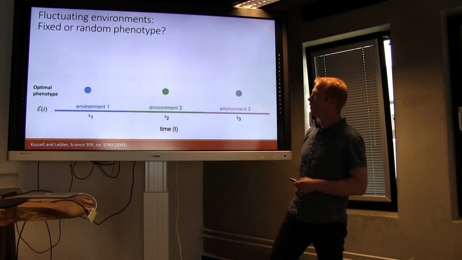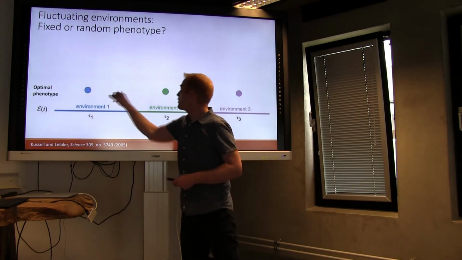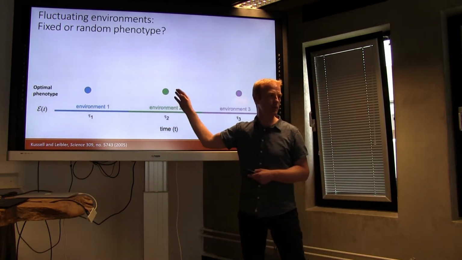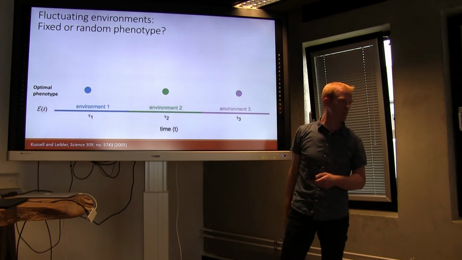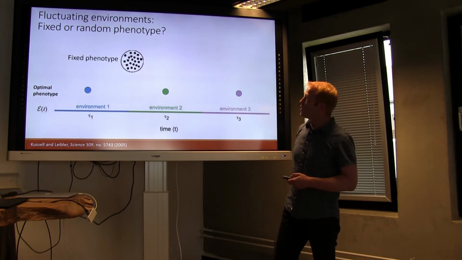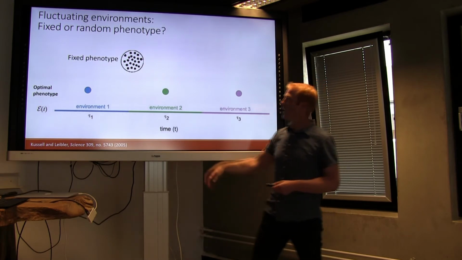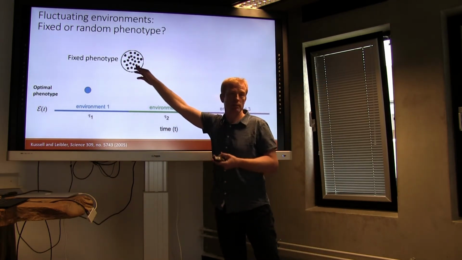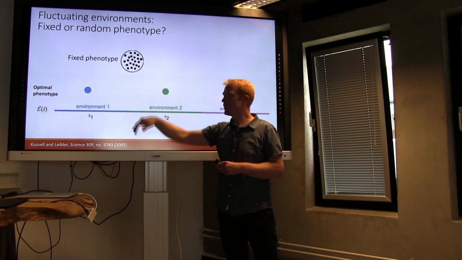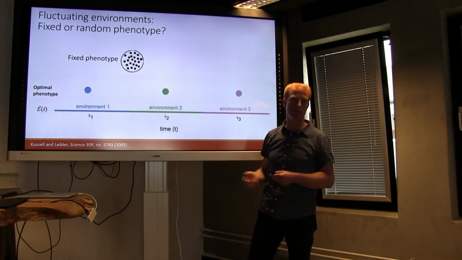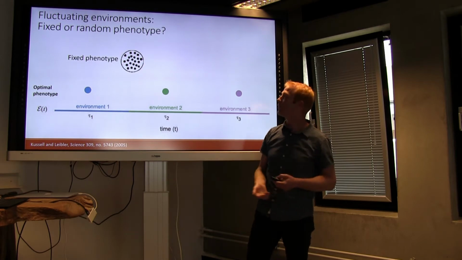And then in these different environments, there are different phenotypes that are optimal. So you can think of this as a blue phenotype, a green phenotype, a purple phenotype. So now the question indeed is, what is optimal to do? Should a cell decide just on one phenotype, maybe the black one, and just stick there, and just accept that if it's in a different environment, it doesn't grow very well, or it's dead, in fact?